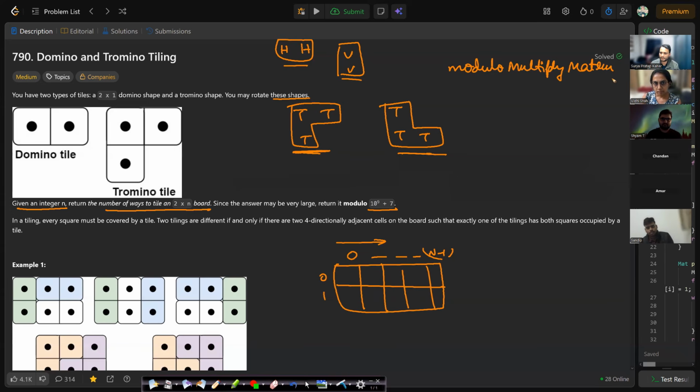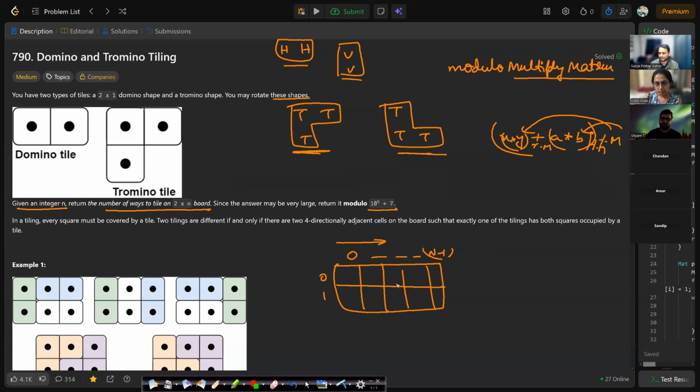So on top of that, if you multiply and add, like let's say x times y plus a times b, something like this we were doing, then we have to take mod of m value here. And then we know what to do. The m will be pushed in both of them. So here you have to write mod m, here you have to write mod m, whole mod m. These all things you know already.